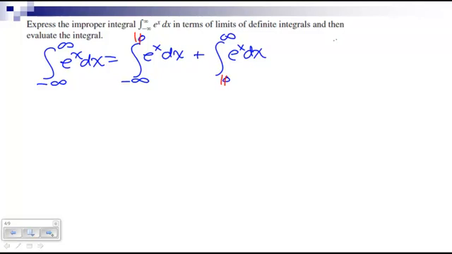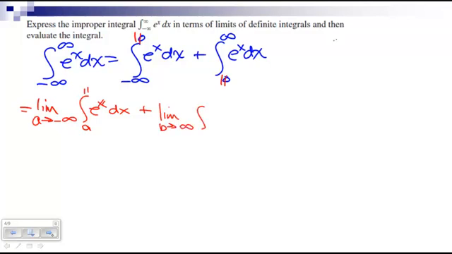Now break these up again, where this first one is going to be the limit as a approaches negative infinity of the integral from a to 11 of e to the x dx, plus the limit as b approaches positive infinity of the integral from 11 to b of e to the x dx. So far so good?